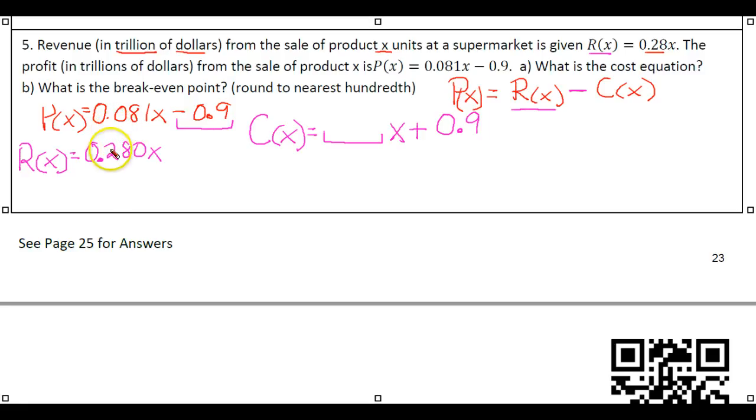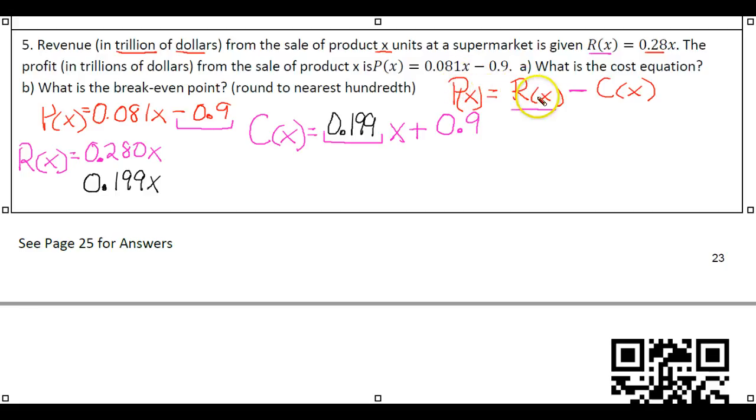So if we subtract now the 0.081 from this, we get 0.199x. And we know we had to change that sign to a positive. So our cost function then is 0.199x.